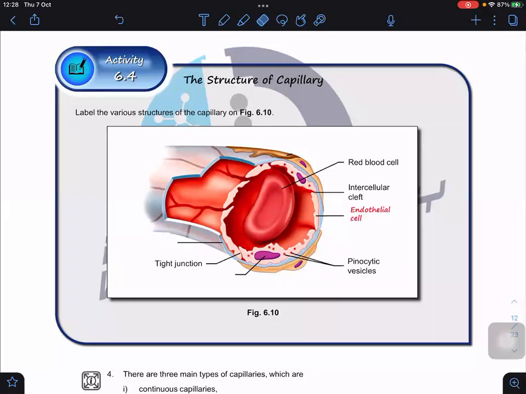This is the nucleus of the endothelial cell, and we have the basement membrane to make sure you don't flush away the endothelial cells. So this is the structure of a capillary.